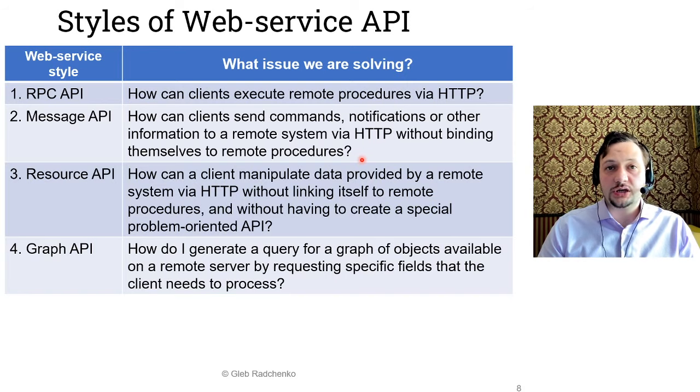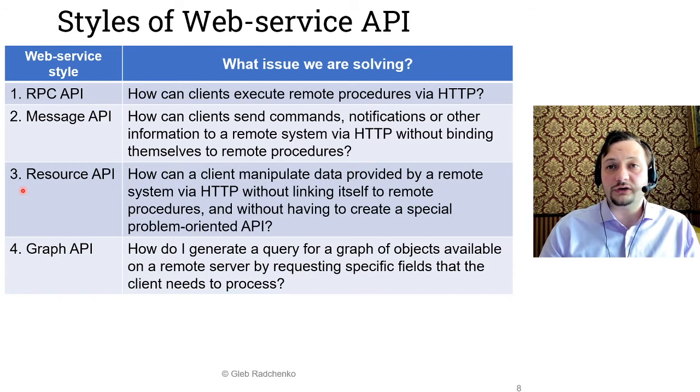If you change the interface of only one procedure, all the clients should rebuild their client versions of your web service, because the interface changed and they do not know how to use the new version of this interface. So the Message API tries to solve this problem.